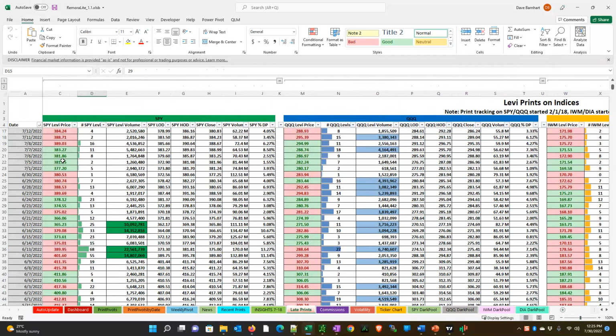So the 370 level was huge. And the older the print, I don't really take the super old ones off my chart unless the price action cuts through it like butter, right? Then you know you can take it off. It's done, it's used, you can throw that away.